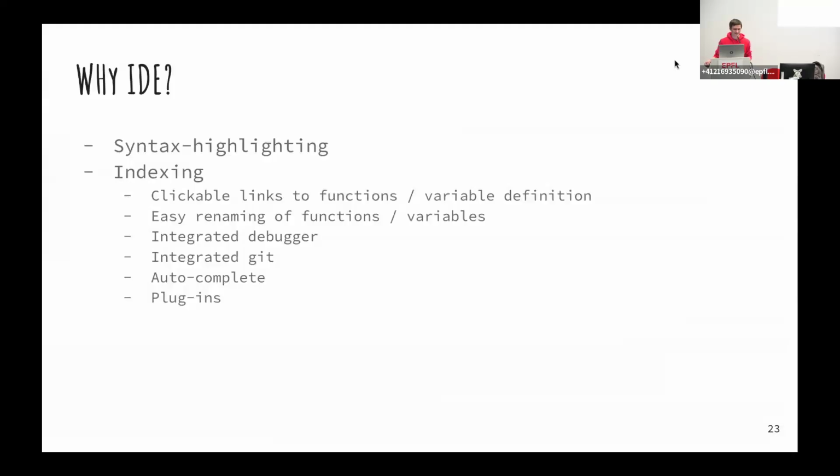And if you don't know what an IDE is, it's an integrated development environment. It's a tool that allows you to write code, but it has features such as syntax highlighting. You can easily go to the definition of functions or variables, and easily rename functions and variables throughout your entire code base.